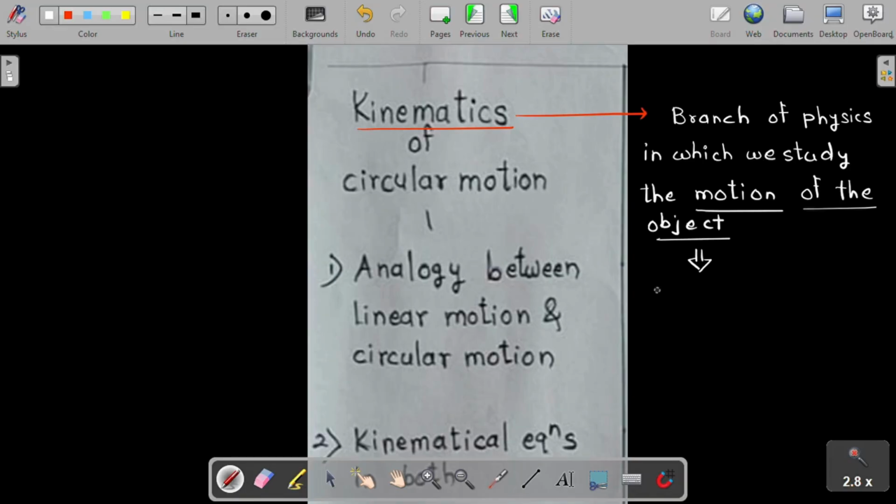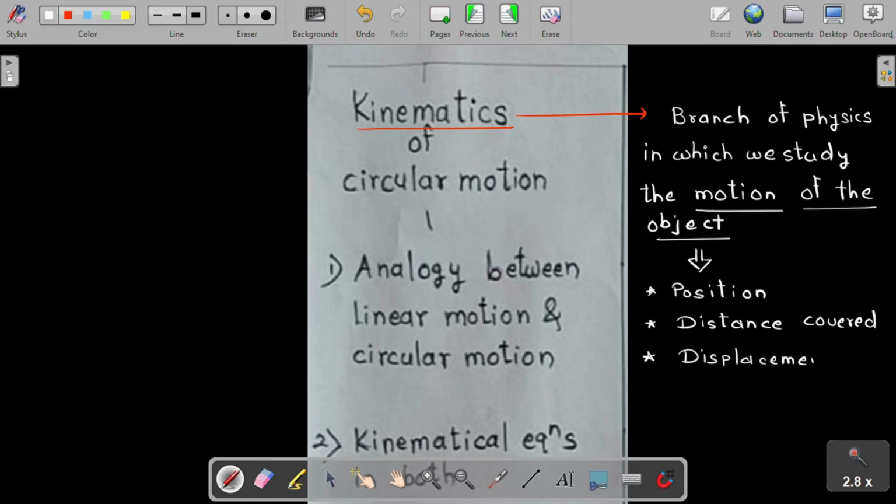So the first very important thing that we must know is the position. Then second is the distance covered by that object. That means we are just measuring the magnitude, and the next obviously displacement.